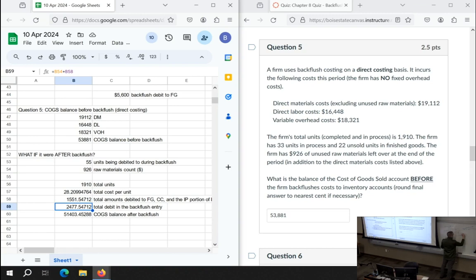I have the finished but unsold units times total cost per unit. So I've got the same thing, and I can sum those two, and that's just what I did. This takes up one cell, takes the in-process and the finished goods units, 55 right here, and multiplies them by this rate right here, which is just the total cost per unit rate.